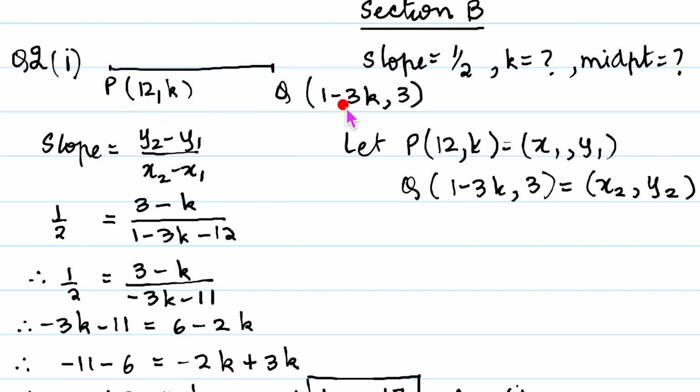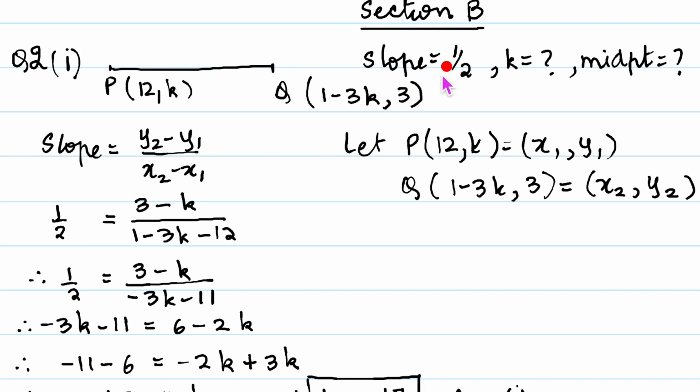We write the coordinates, the slope is given as half, and we have to find the value of K. Now slope, what is the formula? Isn't it y2 minus y1 upon x2 minus x1? So this P we will call x1, y1 and this Q we will call x2, y2.